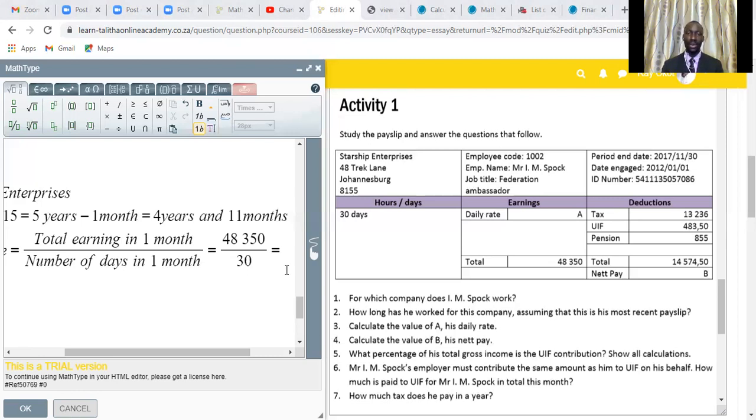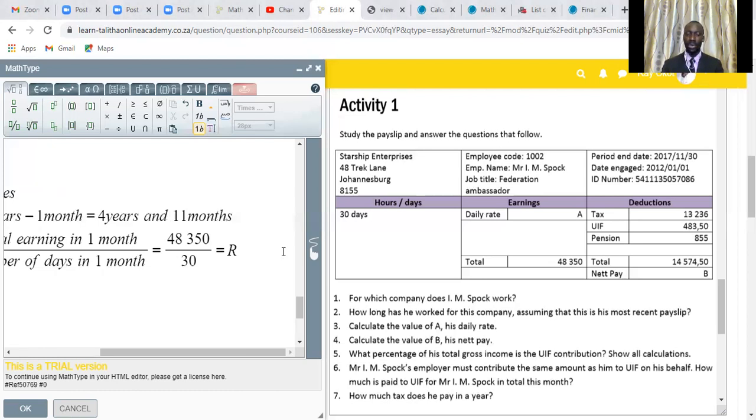So we write that down, 1,611 point 67. Yes, 0.67. We can put that there. So this is what he is earning in 1 day, which is still some good amount of money.